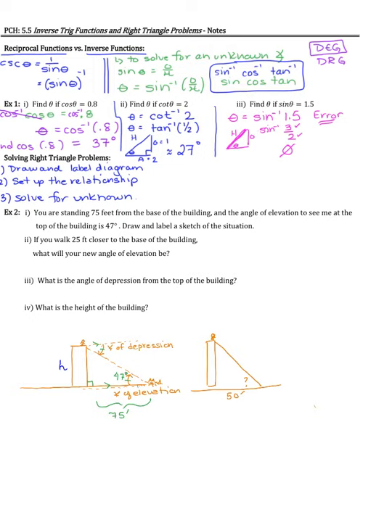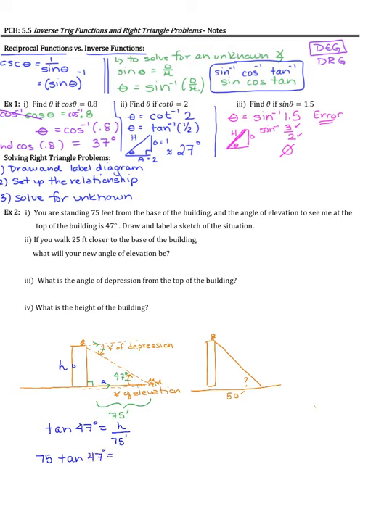Now to set up the relationship, notice that this is the opposite and this is the adjacent. And what goes with opposite and adjacent is tangent. So I'd write out the tangent of an angle is the opposite, which in this case is the height of the building, over the adjacent, which is the 75 feet. So I can cross multiply and solve for the height of my building.